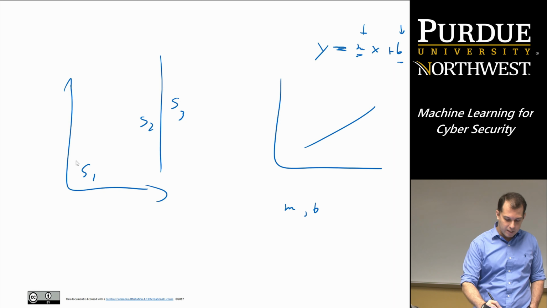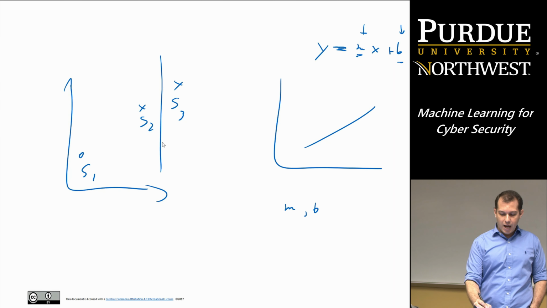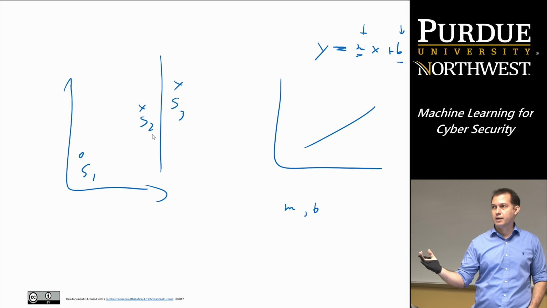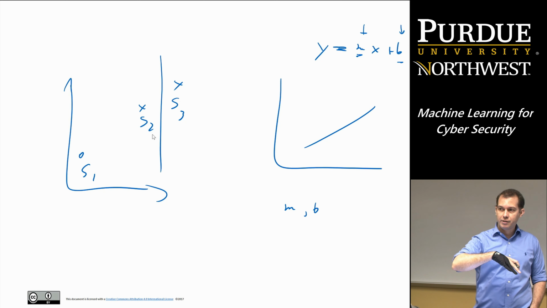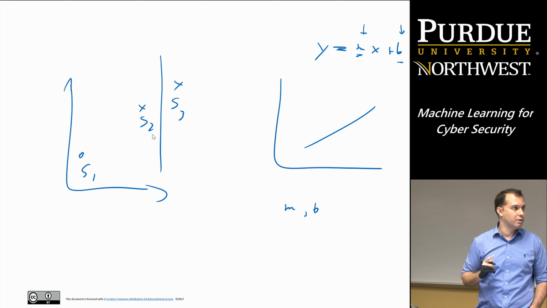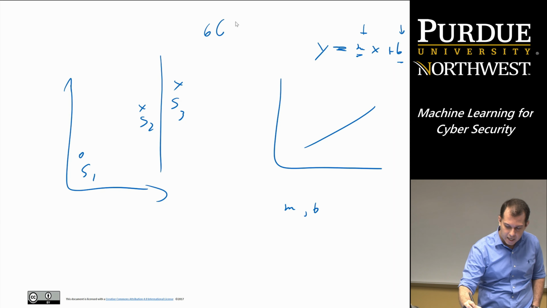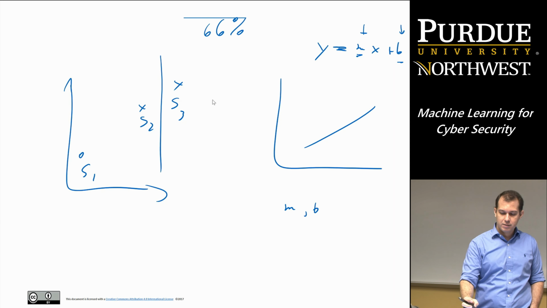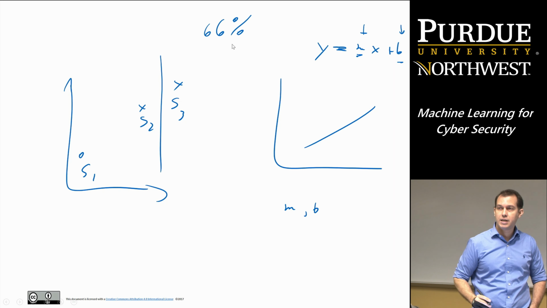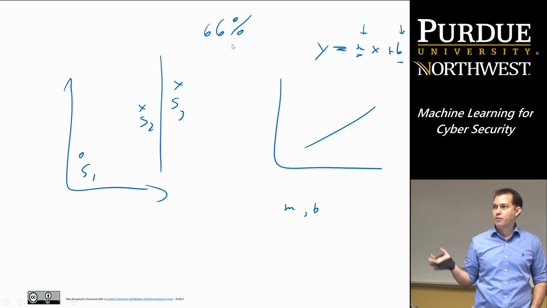So that implies that everything to the right of this line is one class, everything to the other side of the line is the other class. So how many errors will I have here? One, right? So it's 66% accuracy, correct? Do you see that? So that's how the algorithm works.